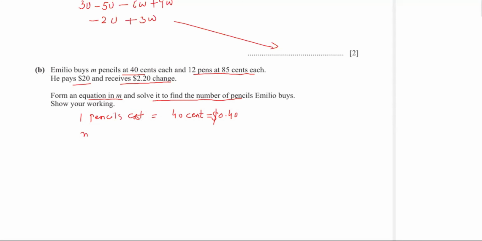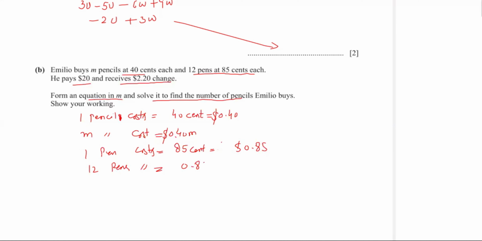Next is m pencils cost 0.40m dollars, and one pen costs 85 cents. In dollars, that's 85 over 100, which is $0.85, and 12 pens cost $0.85 multiplied by 12, which is $10.20.